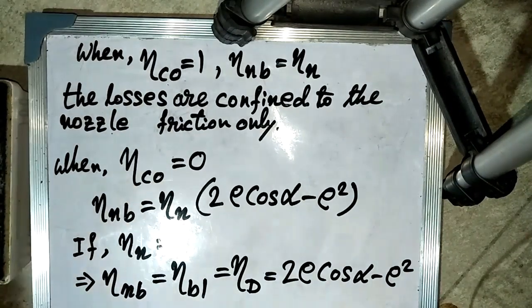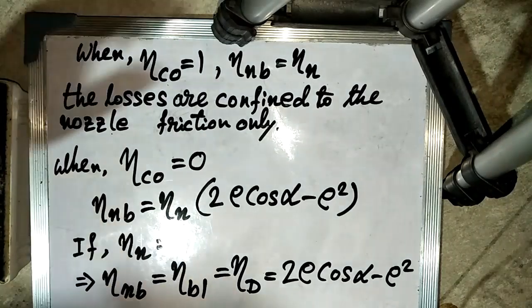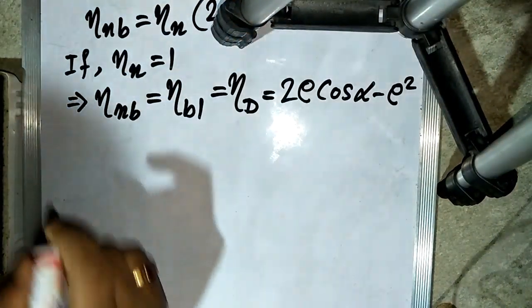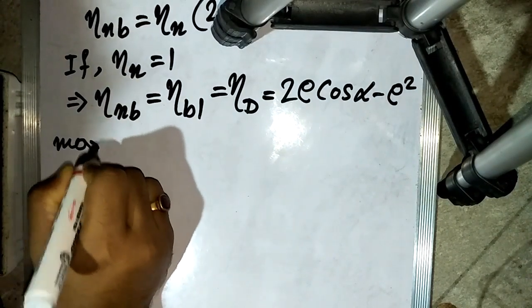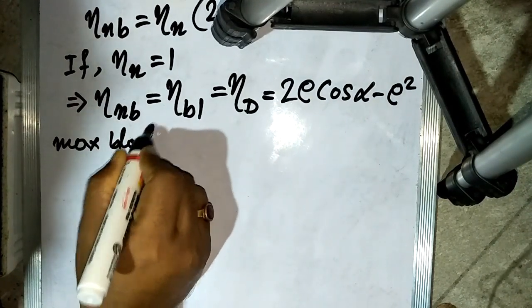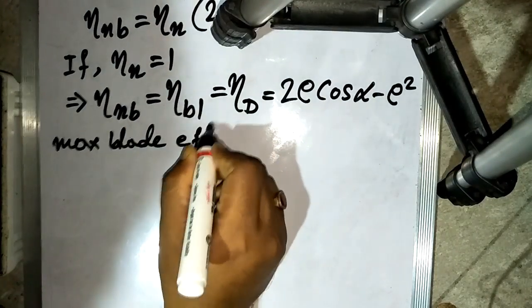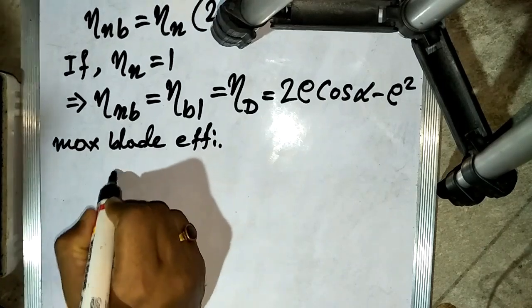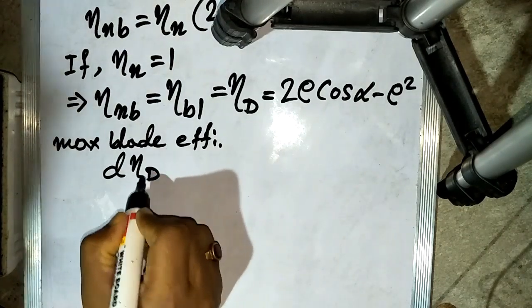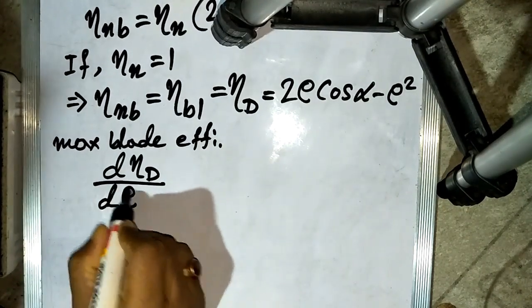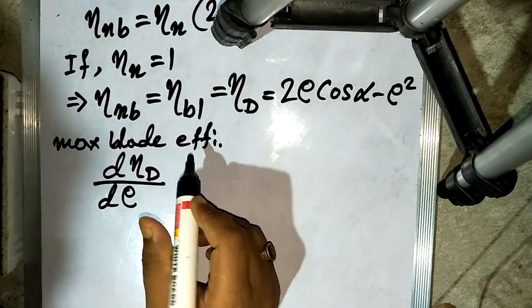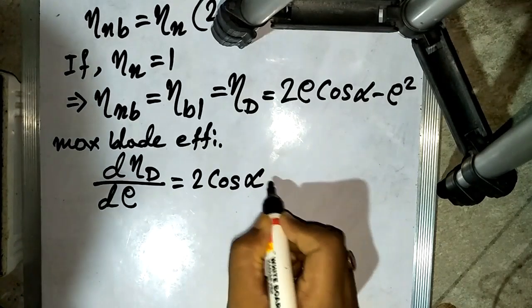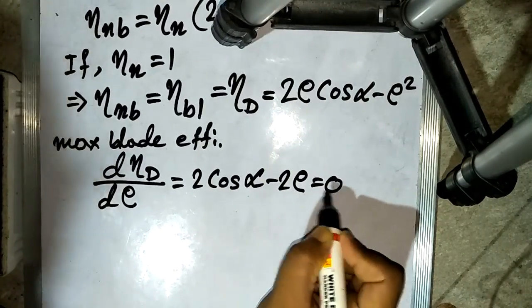Now for maximum blade efficiency, we have to differentiate this eta d with respect to rho, and equate this to 0.